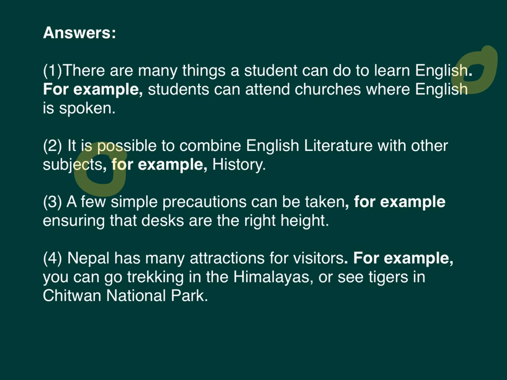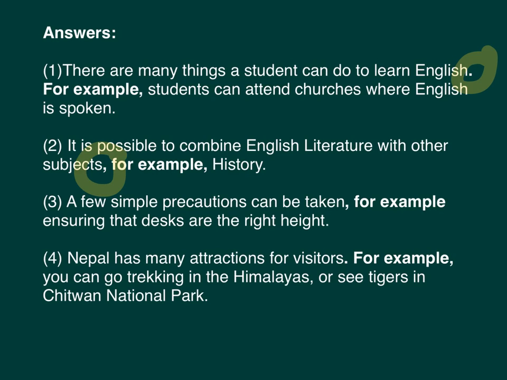So therefore, in the original sentence, there was a period after with other subjects, and then, for example, comma, history, period. So we will need to change the period into a comma so that we can integrate the list after, for example, or history in this matter, into the sentence correctly.